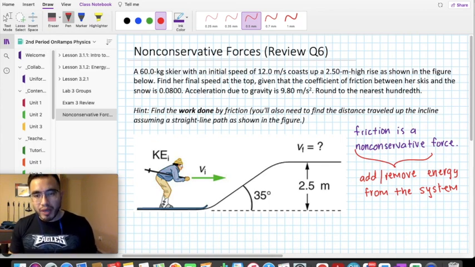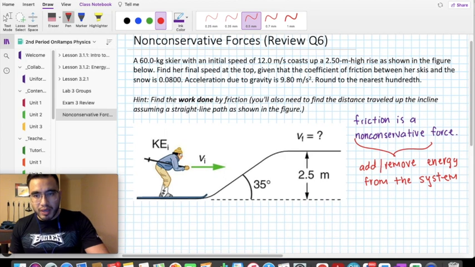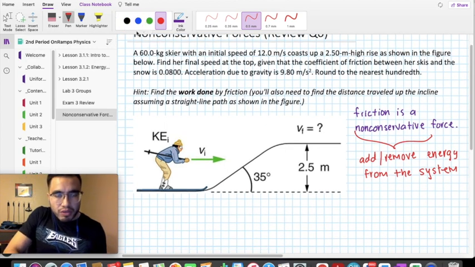Okay, so now how can we find the work done by friction? Okay, so the work done in this case, let's keep purple.